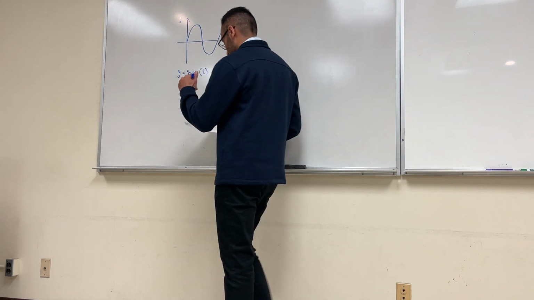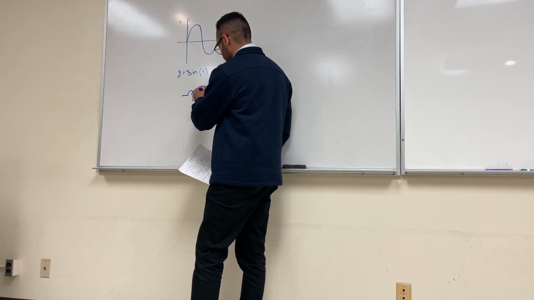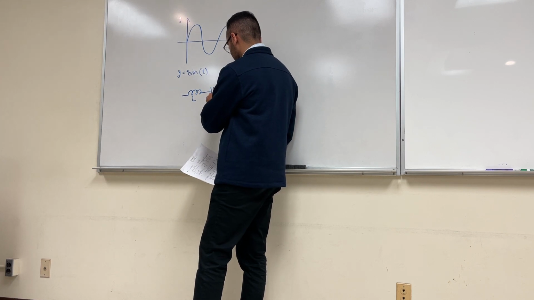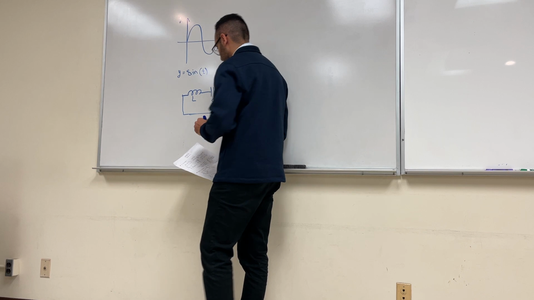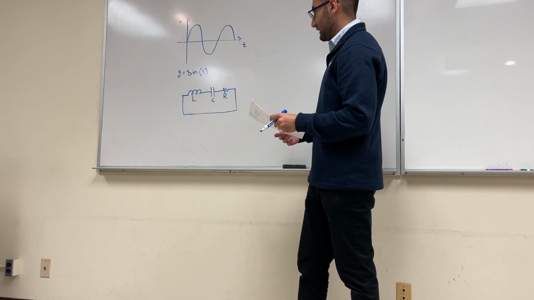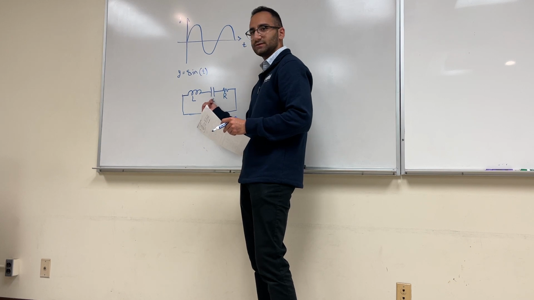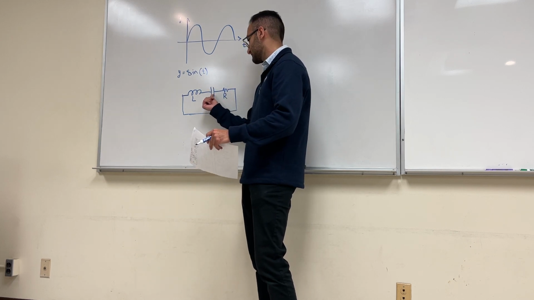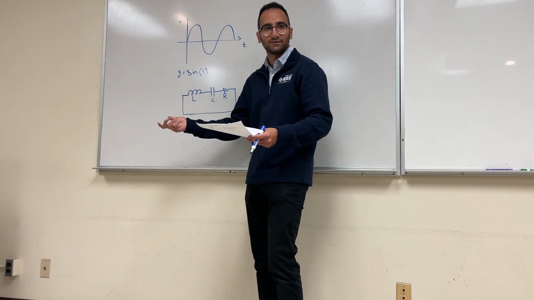One way that is probably familiar to you is using an inductor, a capacitor, and a resistor. The magnetic energy inside the inductor is going to be transferred to the capacitor, and then from the capacitor's electric field, it's going to get stored in the inductor's magnetic field.